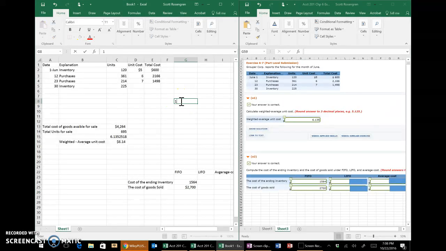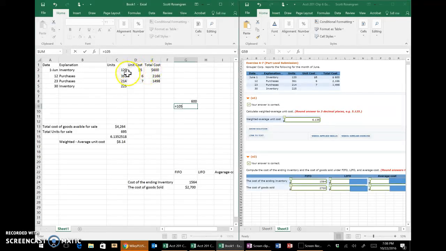And so we do 120 units at $5, and that'll give us 600. And then we need 105 more to equal 225 here. So 105, and this would be at the $6 mark.